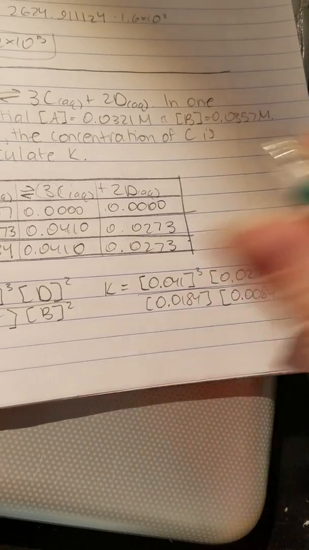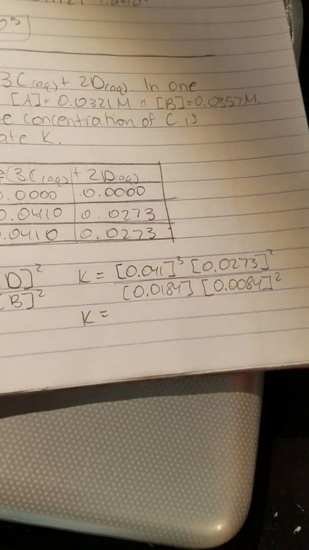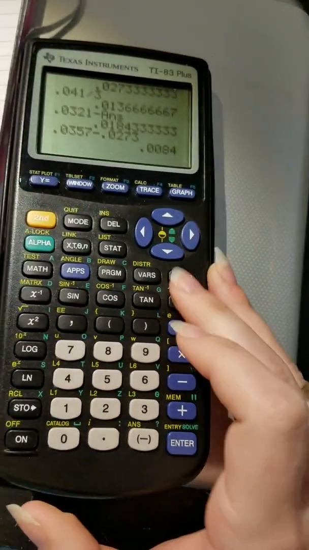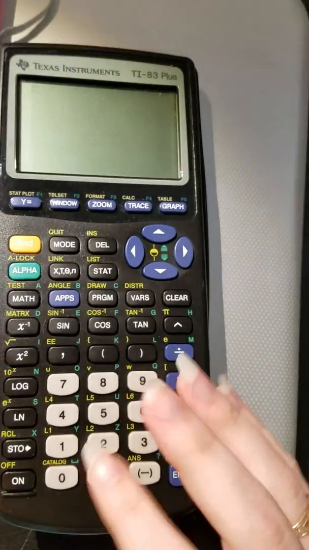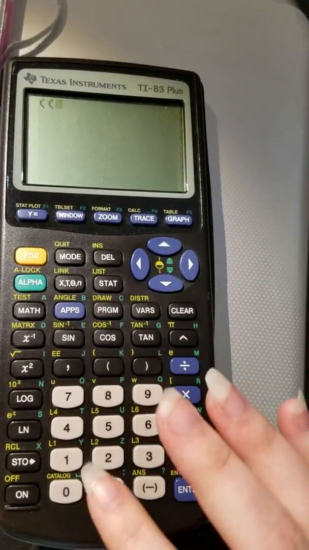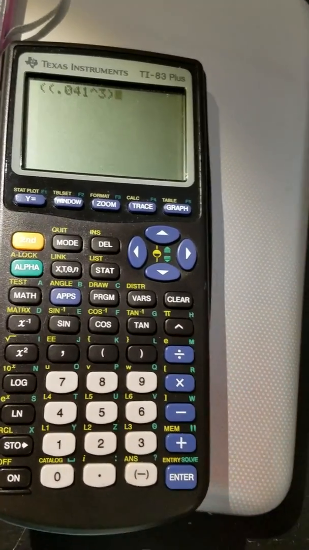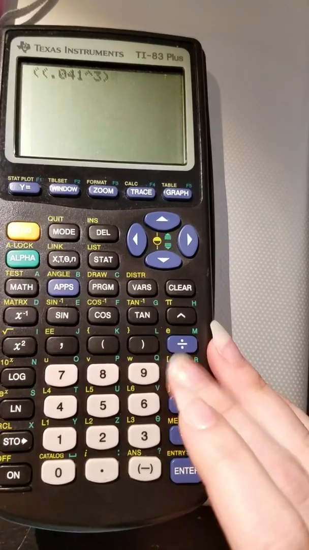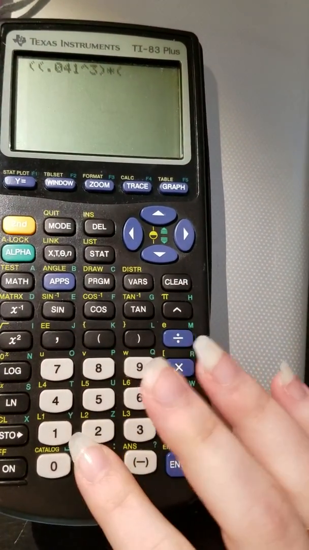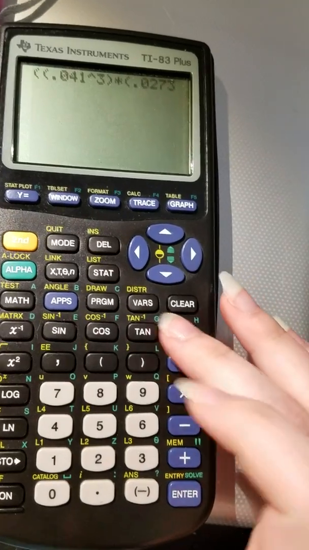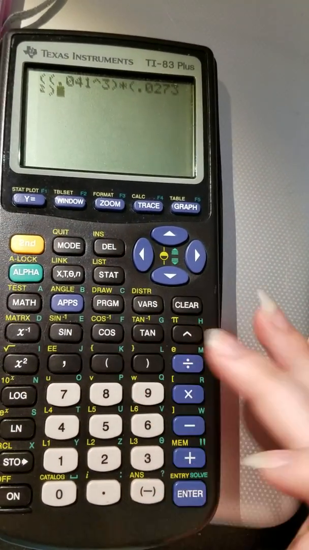So if you put this whole thing into your calculator, let's do it right here. Sorry, I'm going to move this away for a second so you guys can see what I'm doing. So it's 0.041 to the power of 3 times 0.0273 to the second power.